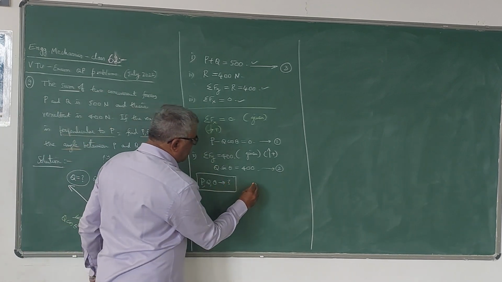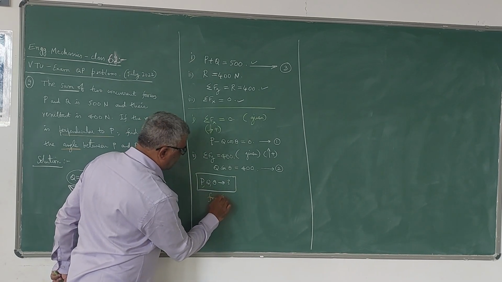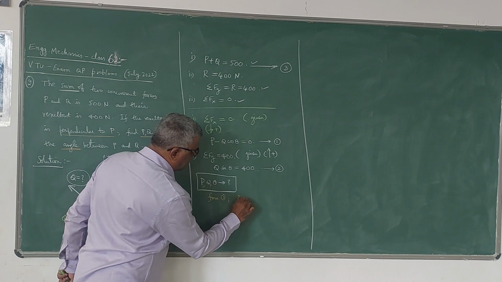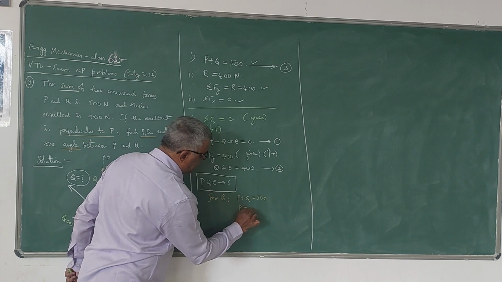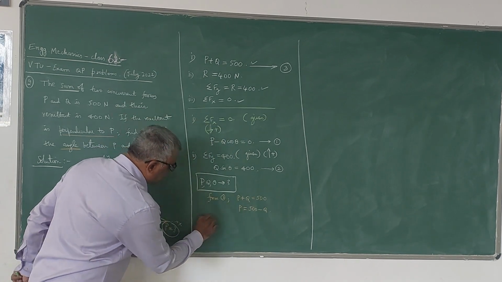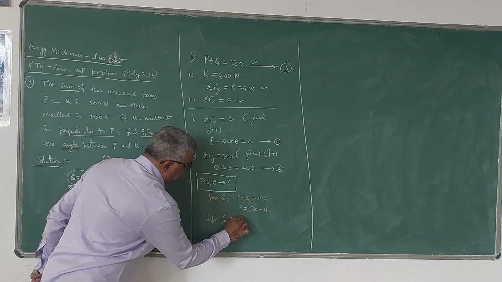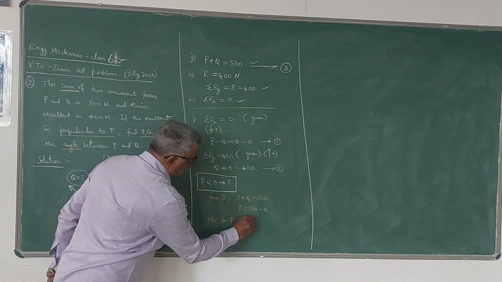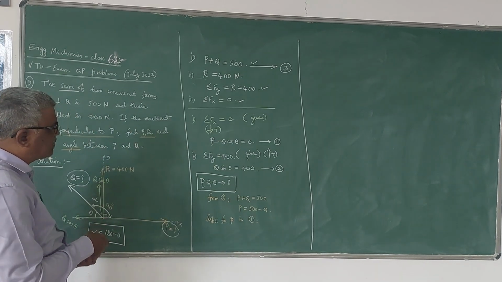From equation 3, the sum of the two forces is 500, so P will be 500 minus Q. Substitute for P as 500 minus Q in equation 1. Let us see what happens.